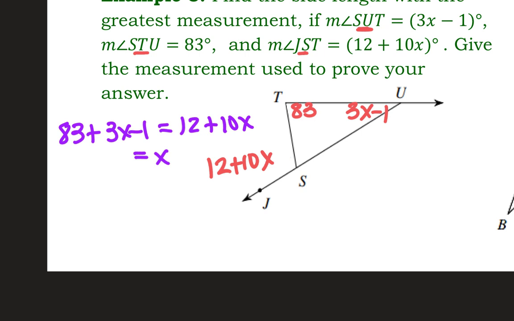So you read that last part, it says give your measurements used to prove your answer. So make sure you show work on these. What did you get for your x value? Should be 10. All right, so 3 times 10 is 30, minus 1 gives us 29. 10 times 10 is 100. 100 plus 12 is 112.